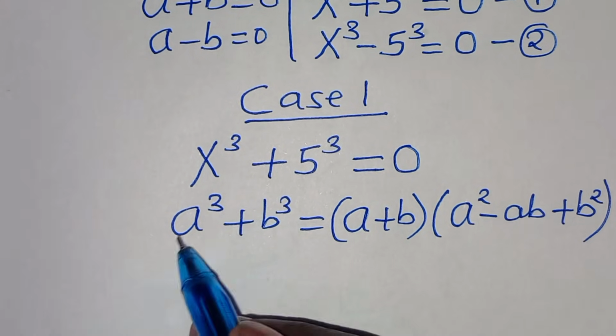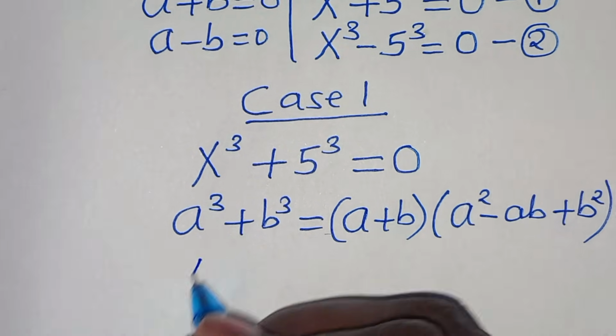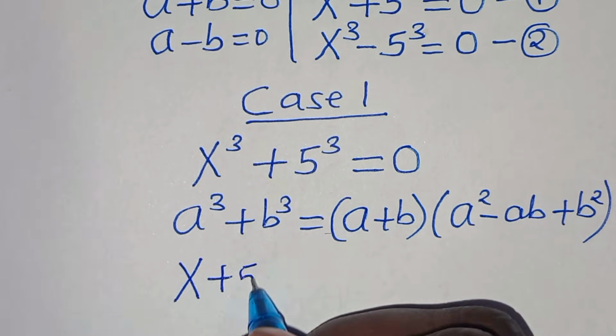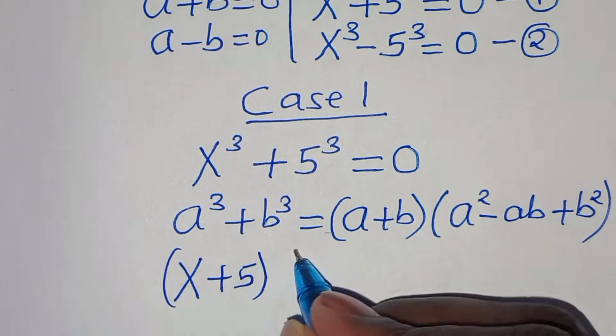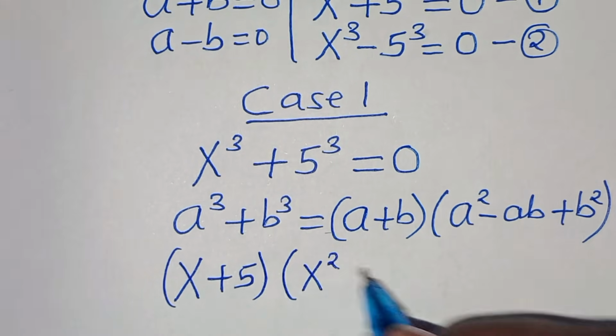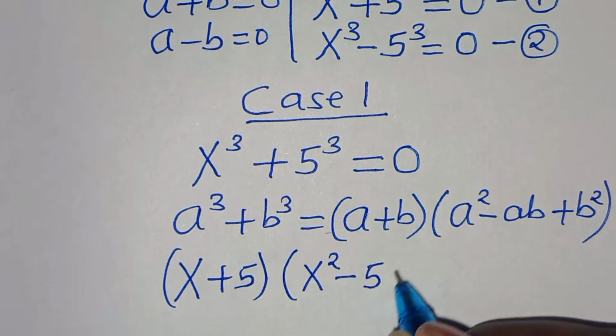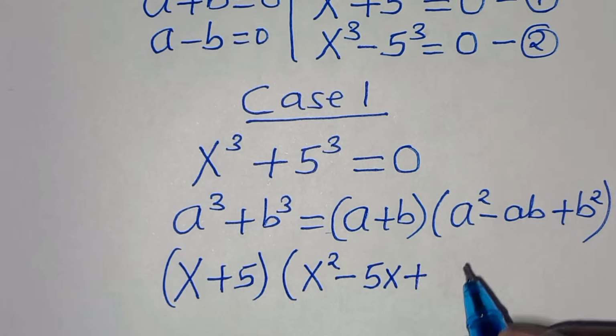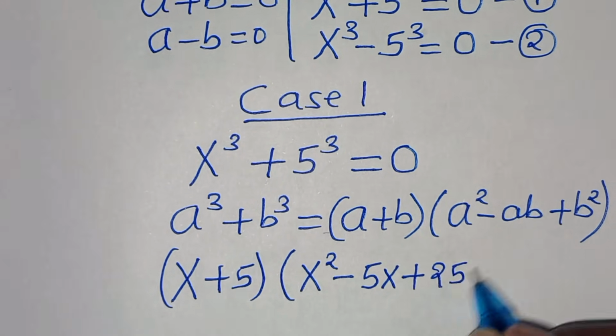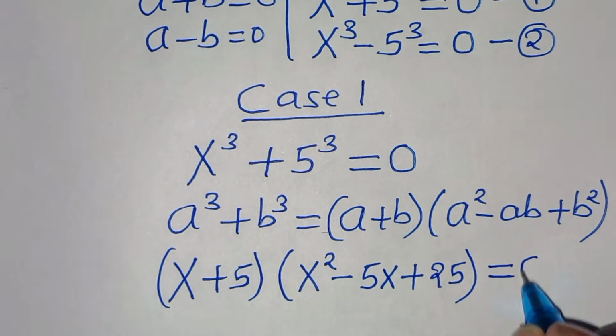Applying this identity, we have x plus 5 multiplied by x to the power of 2 minus 5x plus 5 squared, which is 25, equal to 0.